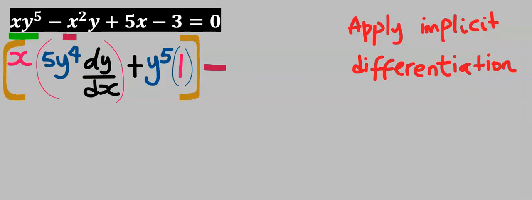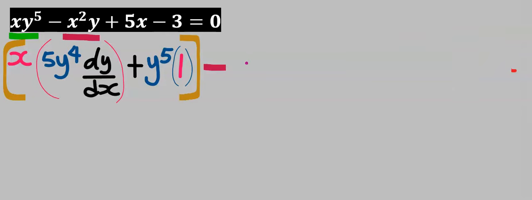Next, we're going to concentrate on x squared y. Next, keep x squared constant. Next, differentiate y, and you're going to get 1. However, whenever you differentiate y, you're going to multiply it with dy dx according to the rule of implicit differentiation.